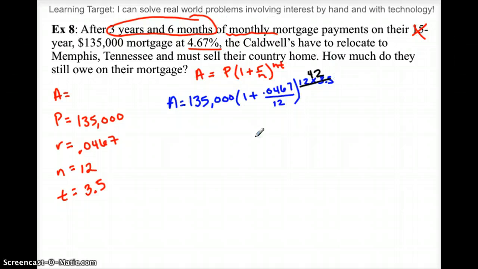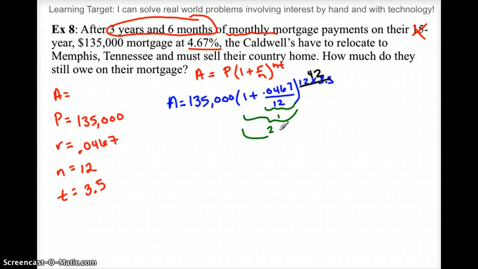Since I can't show you my calculator screen, I'm going to describe what I'm doing first. I'm going to type in this fraction first, 0.0467 divided by 12. Then once I get that number on my screen, I'm going to add 1 to it.